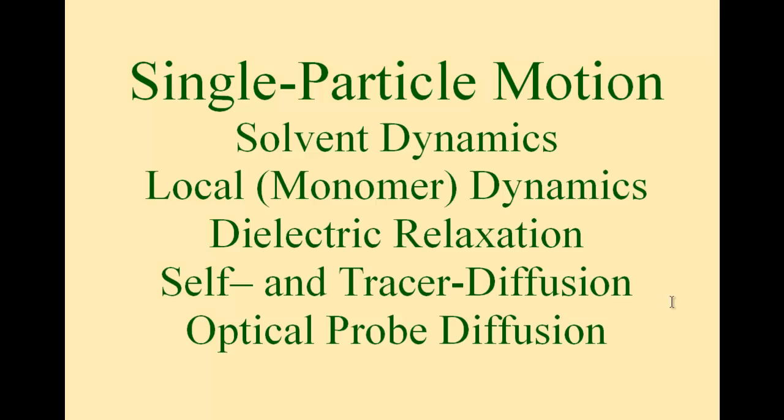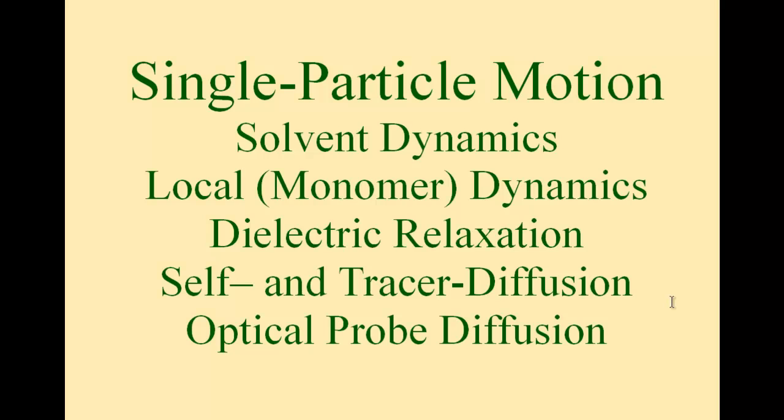We then advance to discuss local monomer dynamics as studied by fluorescence depolarization and other methods. We push ahead to treat dielectric relaxation, a remarkably flexible technique that gives chain radii, chain rotation times, chain internal correlation rate times, and detailed relaxation spectra, all from one measurement.